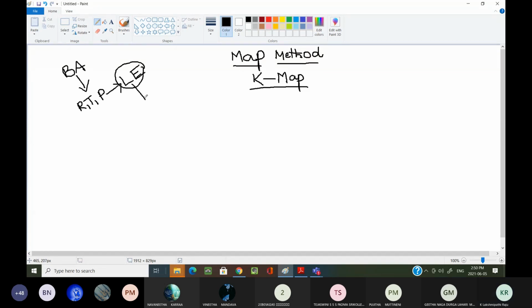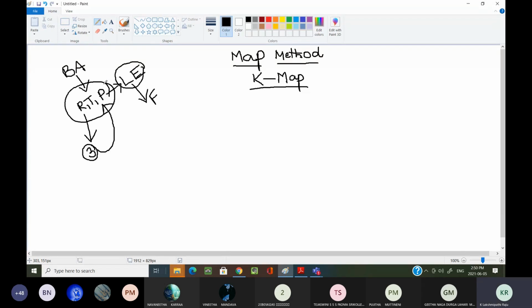Without changing the functionality, if the number of variables is more than 3, it becomes very difficult to simplify the given logical expression using the laws or theorems we learned in Boolean algebra.